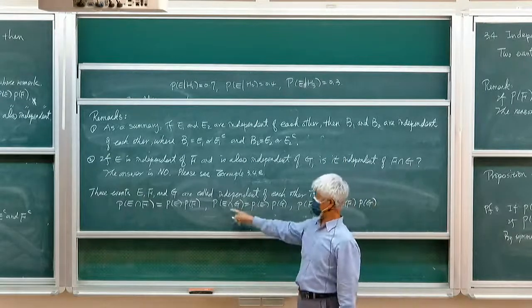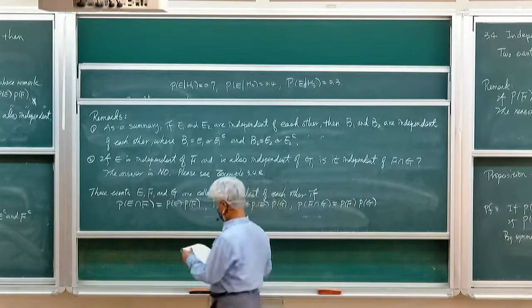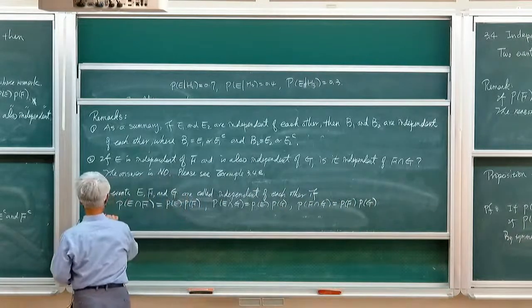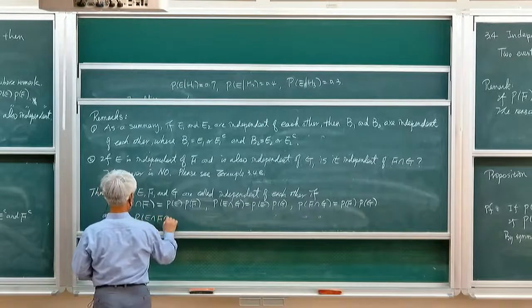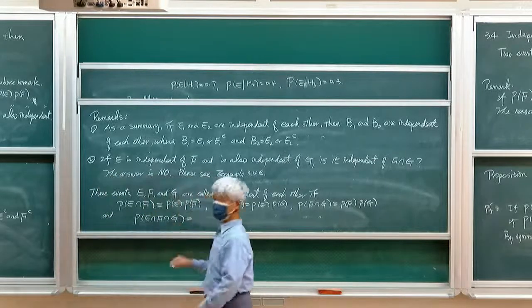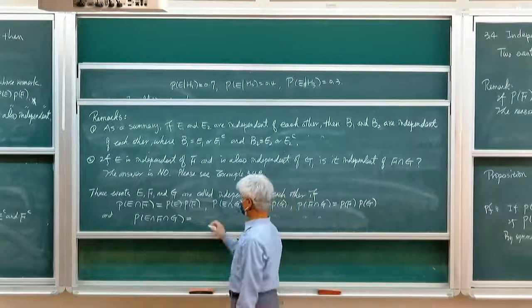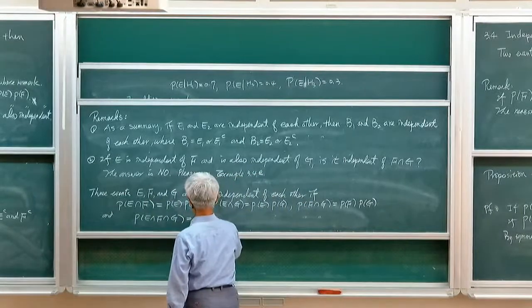So pairwise independence is not enough. Actually, we have an additional requirement that the intersection of these three events should be equal to the product of their respective probability.